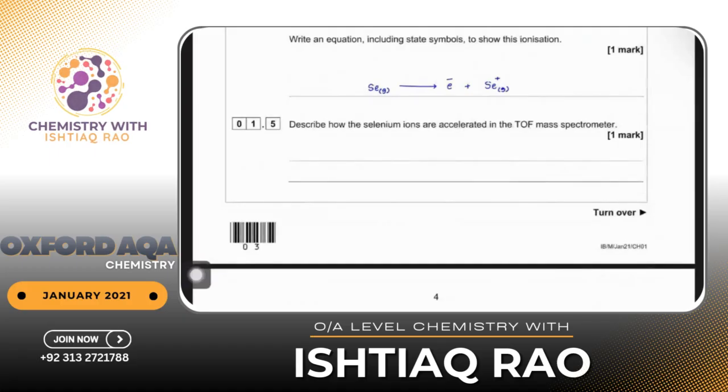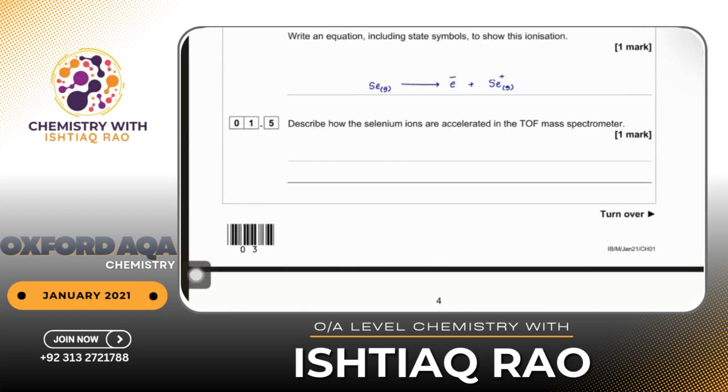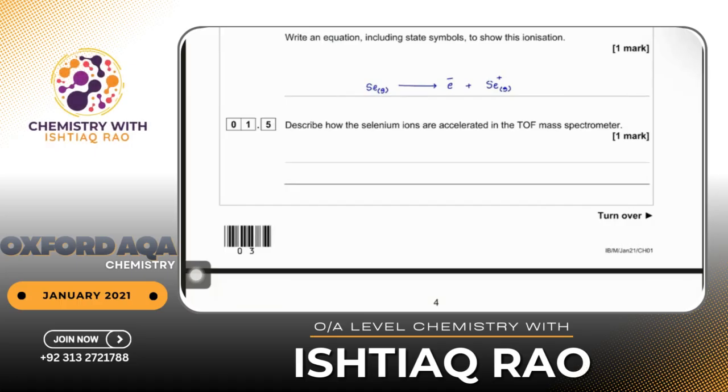Describe how the selenium ions are accelerated in the time of flight mass spectrometer. If you remember, we have attached a negative plate in front of the ions when the ions were traveling to the detector. So I can say that the negative plate is going to attract the ions.